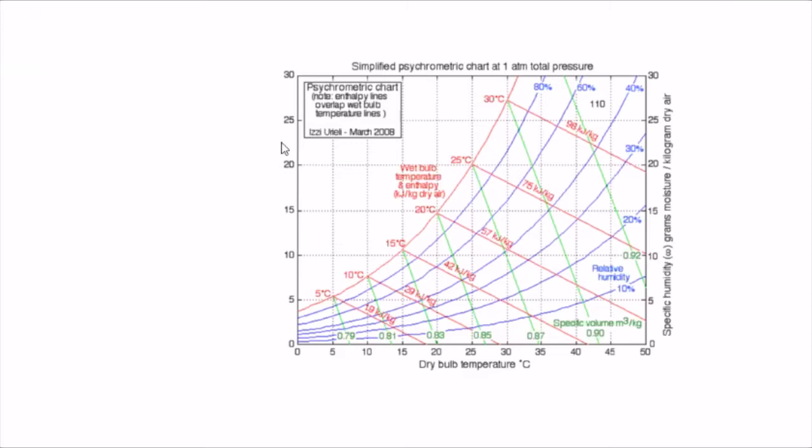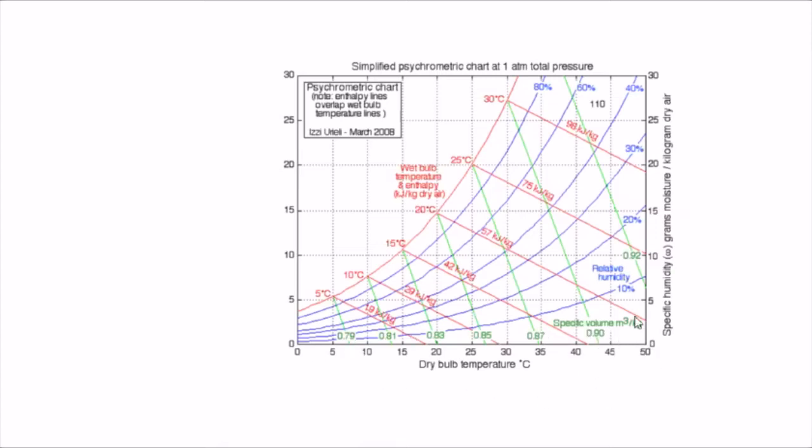This colored chart showcases the psychrometry chart exactly as it looks, where you can observe the outline. The x-axis is the dry bulb temperature. At the bottom you can see the temperature 0, 5, 10, 15 degrees Celsius, up to 50 degrees Celsius. This temperature is the dry bulb temperature.